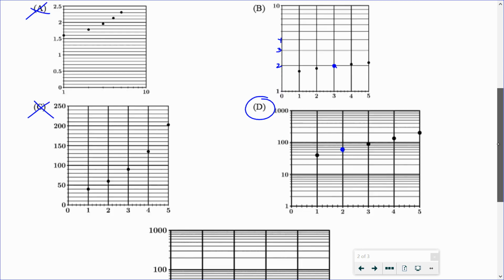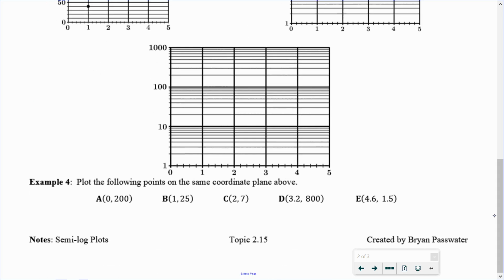All right, so why don't you take a minute and see if you remember how to graph these points. Graph these yourself and then look up here when you're done.